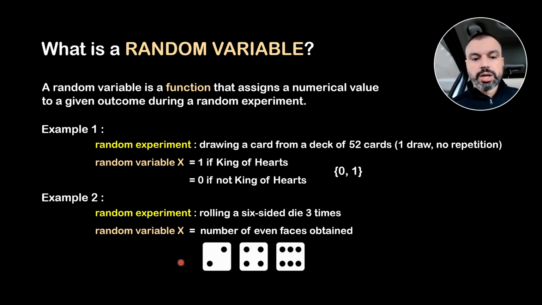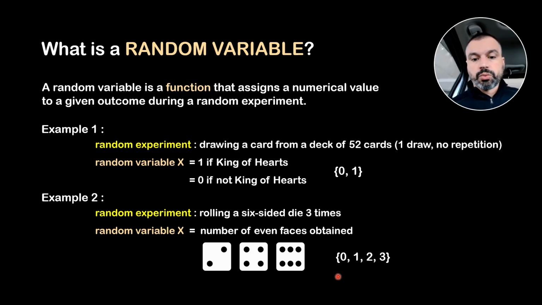As you know, a 6-sided die has 3 even faces, 2, 4, and 6 are even numbers, and 3 odd faces, which are 1, 3, and 5. So we have a probability of 3 over 6, or 1 over 2, of obtaining an even face each time we roll the die. And we want to count the number of successes after rolling the die 3 times.